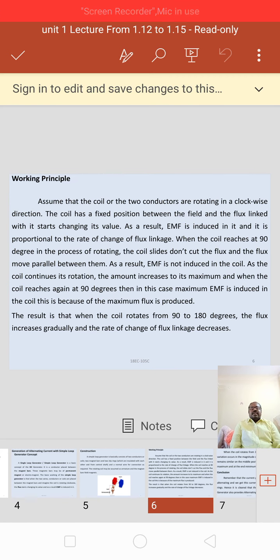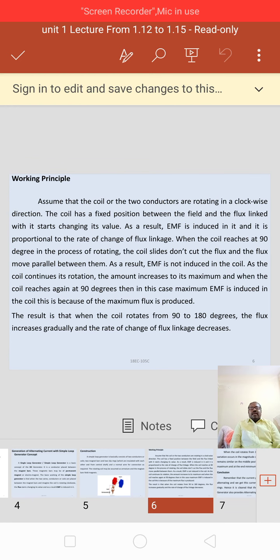As a result, EMF is induced in it, and it is proportional to the rate of change of flux linkage. When the coil reaches 90 degrees in the process of rotating, the coil slides, that is, doesn't cut the flux, and the flux moves parallel to it. As a result, EMF is not induced in the coil.